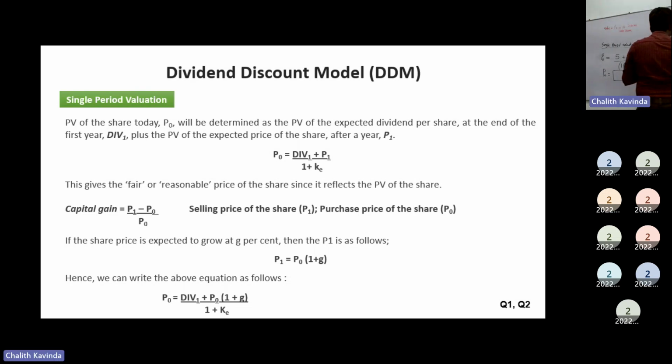You purchase the share by paying 10 rupees, and the share has increased by how much? 5%, only for 1 year.